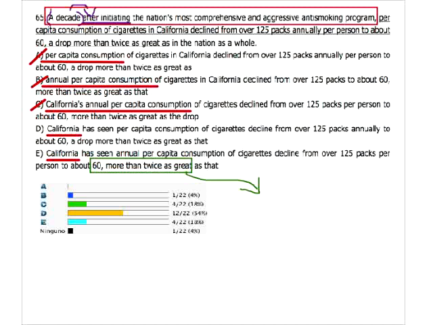The meaning should be that the drop per capita is per person, as opposed to an overall number. Meaning should be that the drop is twice or was twice as great.